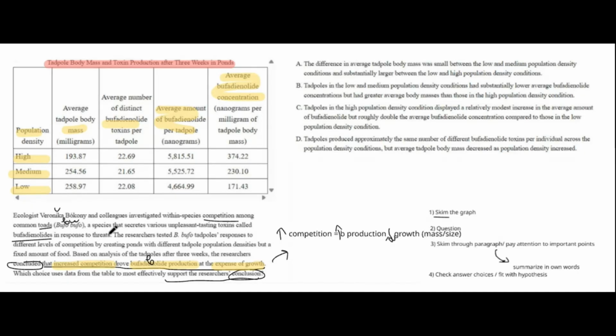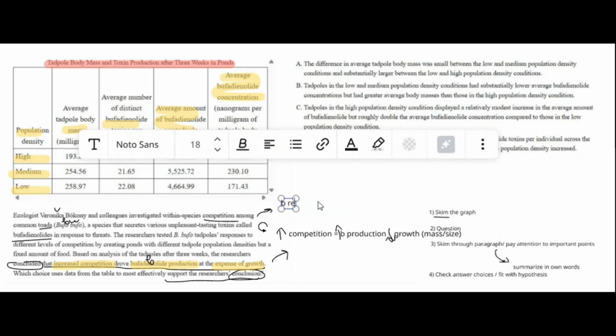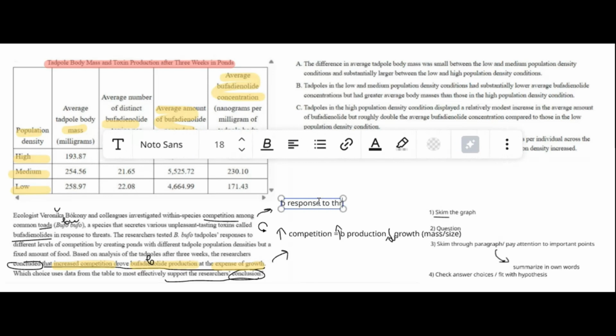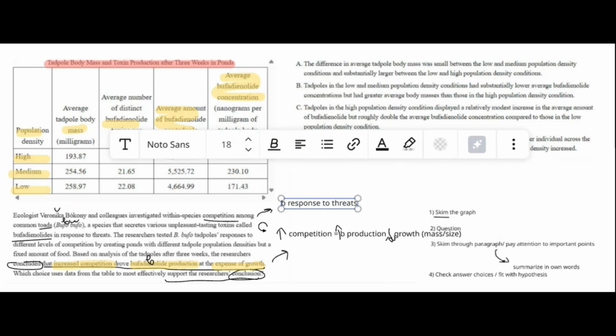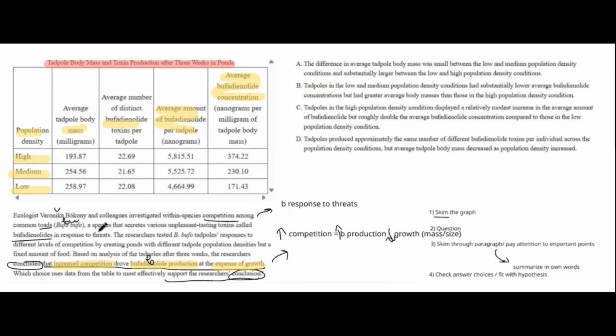Now, basically from this we can make a bullet point that B is a response to threats by BU toads. And at this point we can keep reading.